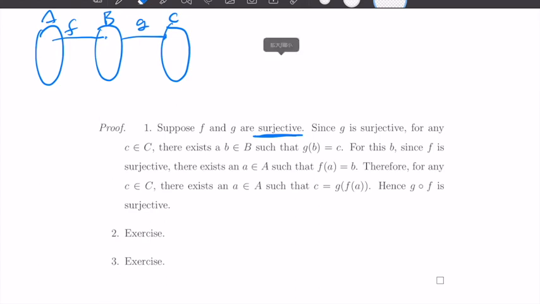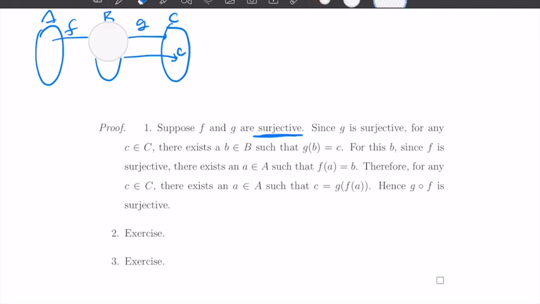Since G is surjective, for any element in C, there is an element in B such that G of B is equal to C, right?